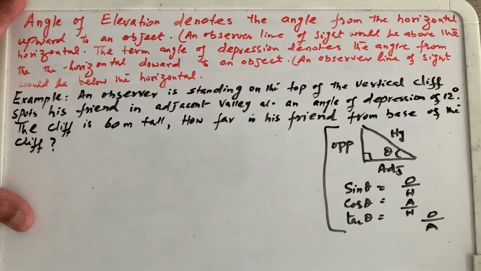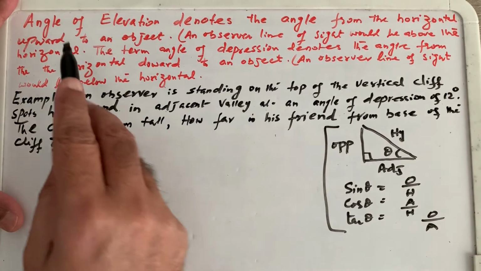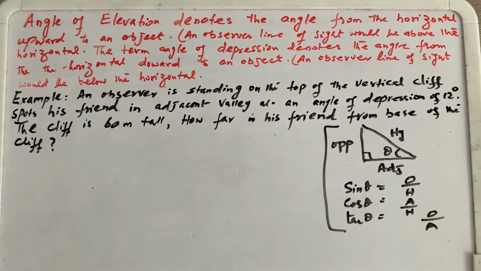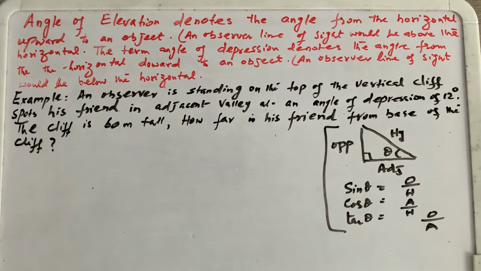But this application involves a certain angle which is not given directly, but it is given in terms of elevation and depression. Angle of elevation denotes the angle from the horizontal upward to an object.